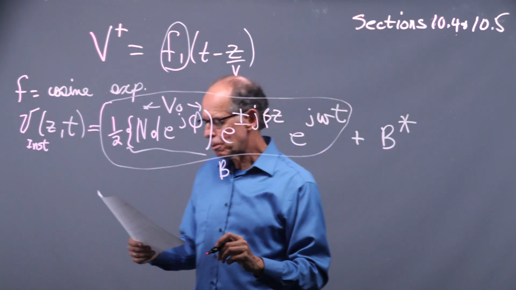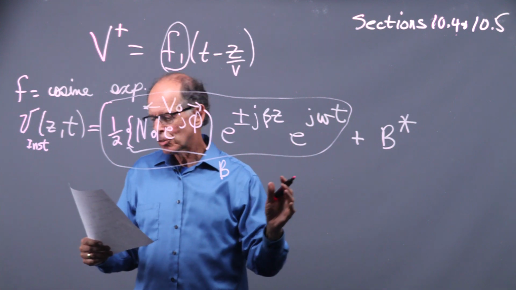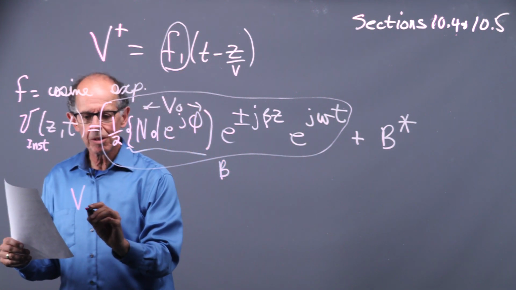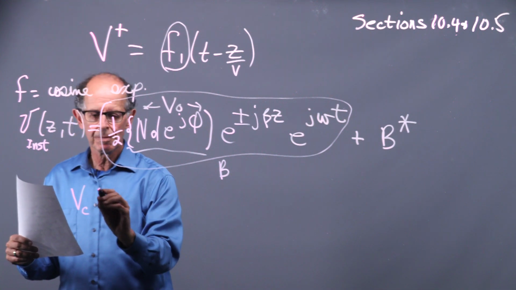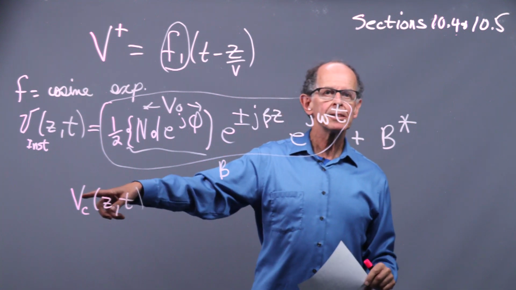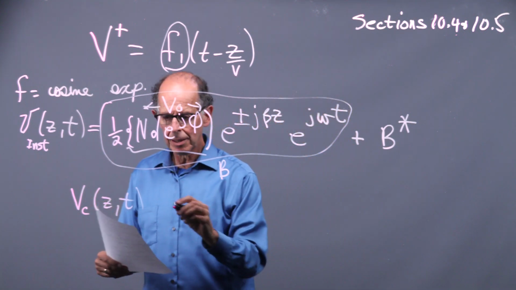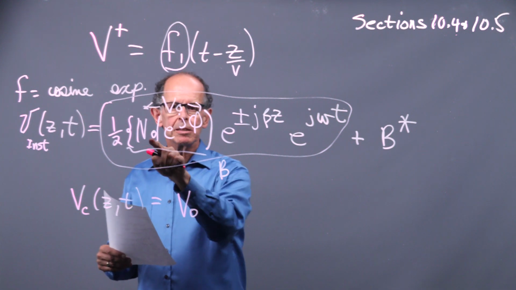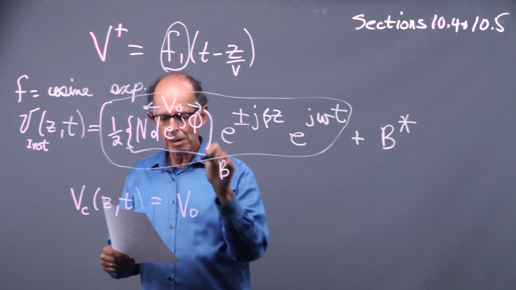So if we want to write it as a complex number, then it's going to be VC, and the V is given in italics here in the book, is V0, so that's the complete complex amplitude.